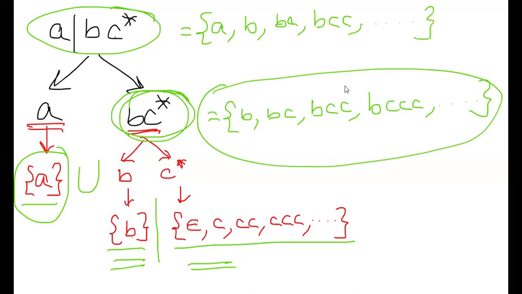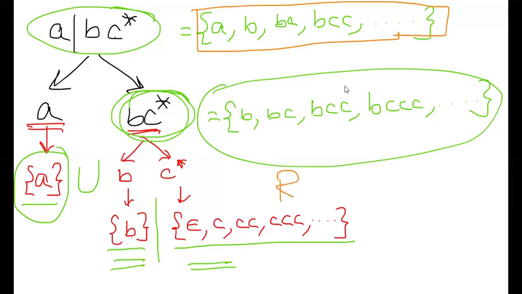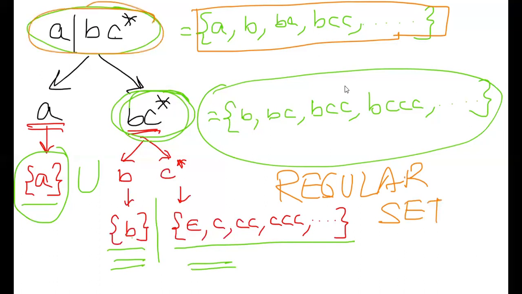This set is known as the regular set for the regular expression A or BC star. Okay, so this is our first example.